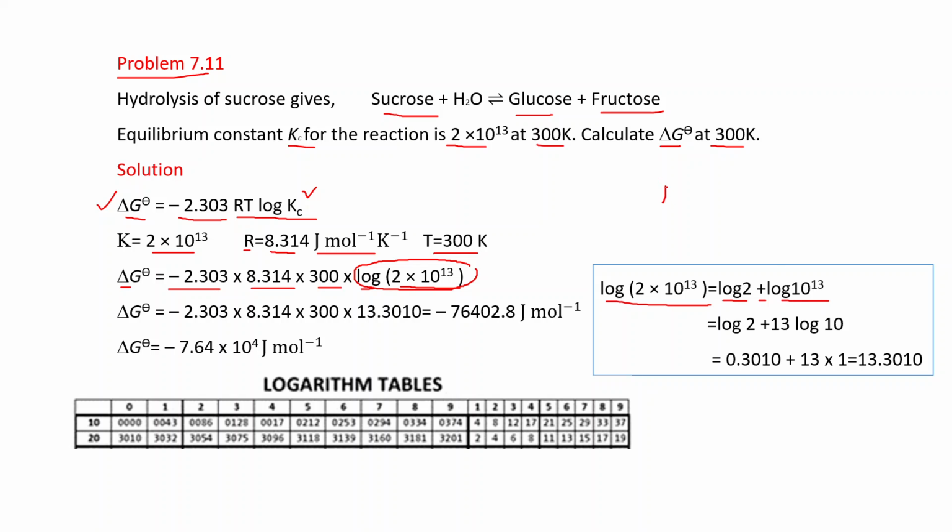If you remember, if numbers are given as n into m in multiplication, then if we take the log, it will be written as log n plus log m. Now again, if we take the log of an exponent, the exponent will come before the log. So we can write log 2 as usual, and log 10 to the power 13. The 13 will come before the log, so 13 log 10.